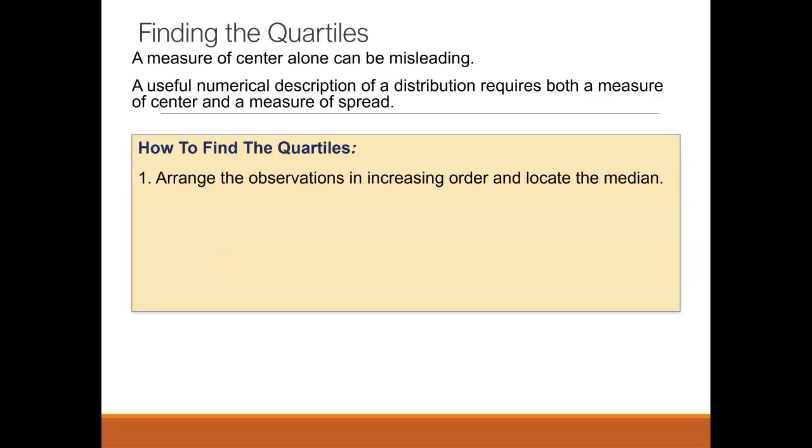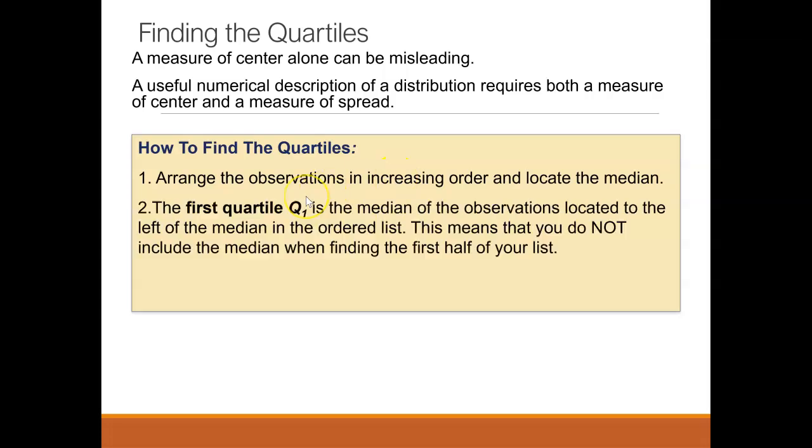Again, we arrange our observations in increasing order and locate our median. The first quartile is the median of the observations located left of the median, not including the median.